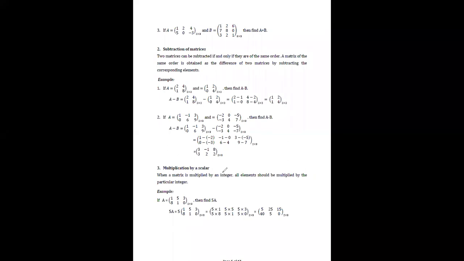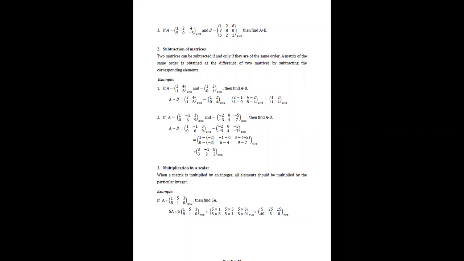If you have any matrix and it is multiplied by an integer or scalar, then we have to multiply all elements of the matrix by the given scalar or integer. Simply, when you are multiplying a matrix by a scalar, we have to multiply all the elements of the given matrix.